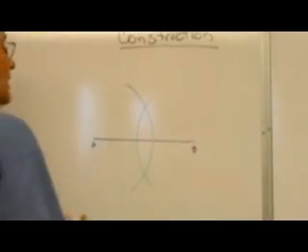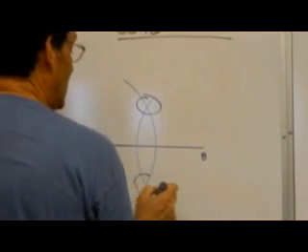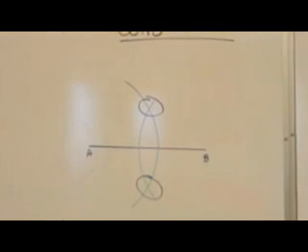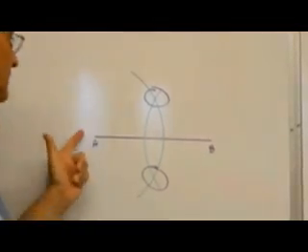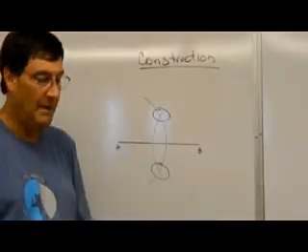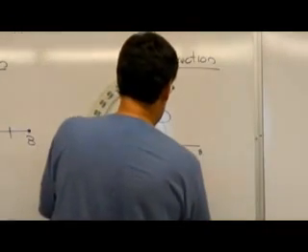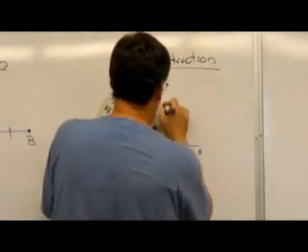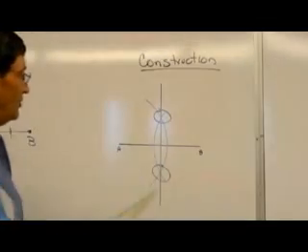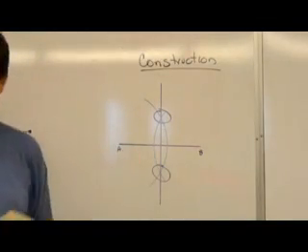I have two more points of intersection. These two points are equidistant from A and B both. I'm going to play a game of connect the dots through those two points of intersection. If I've done a good job, I now have constructed a perpendicular bisector.